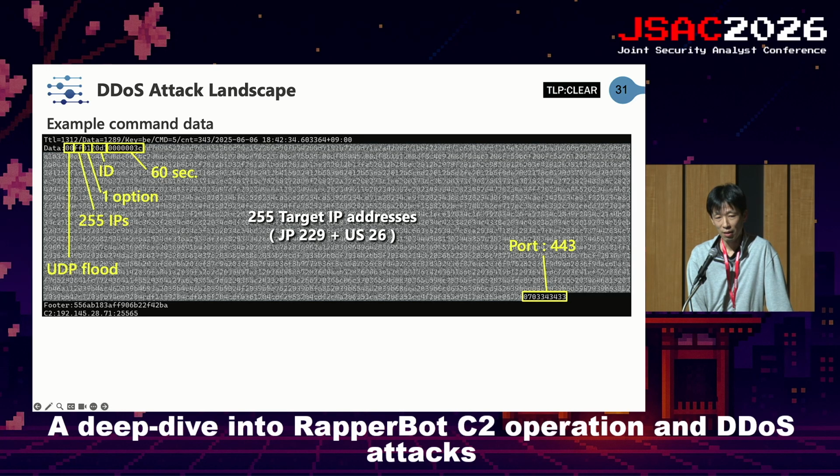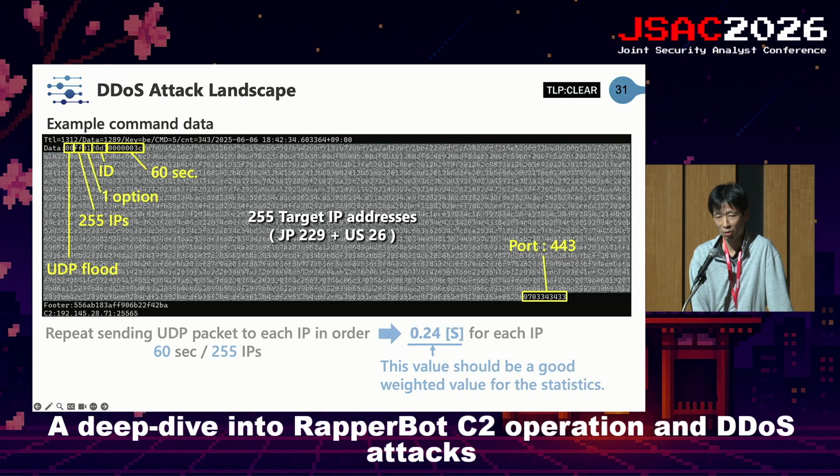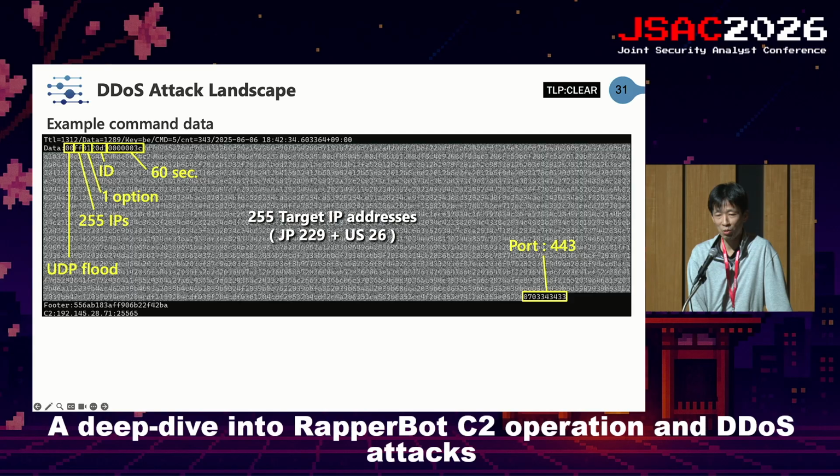Now, this is a command. Parsing from the head, UDP flag with victim IPs 255, one option, and then followed by ID, attack duration of 60 seconds, followed by many victim IPs, out of which 229 are Japan, 26 the United States.